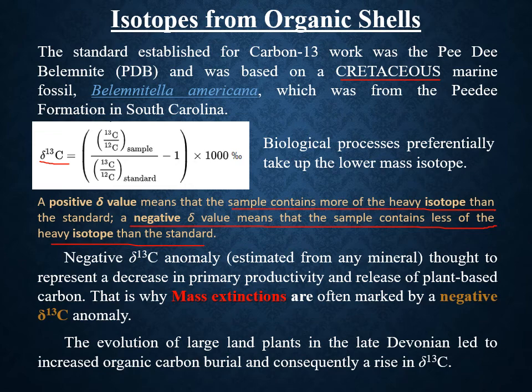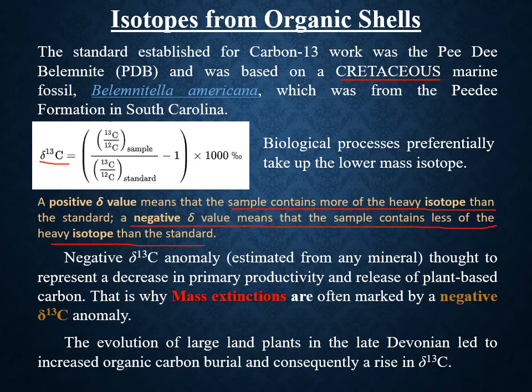So if we get a negative del 13C anomaly from fossil shells of any time, that will represent a decrease in primary productivity and release of plant-based carbon.